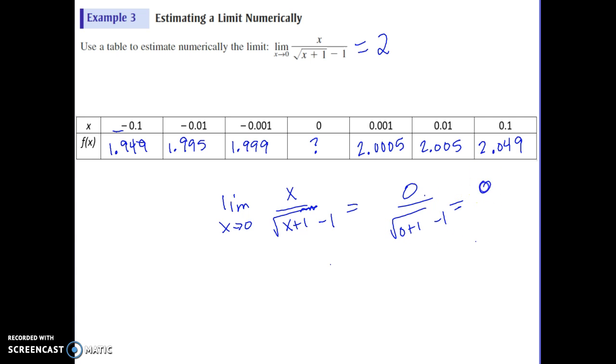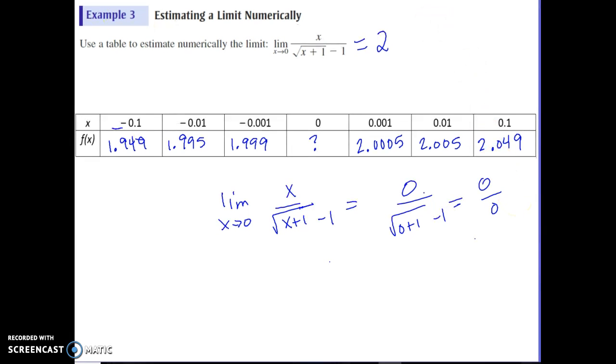So in the denominator, I get 0. So I get 0 over 0. That's called an indeterminate form. We can't evaluate it that way. So because we can't evaluate it with direct substitution, that's why we have to have other methods and why we're relying on the table to evaluate the limit for example 3.